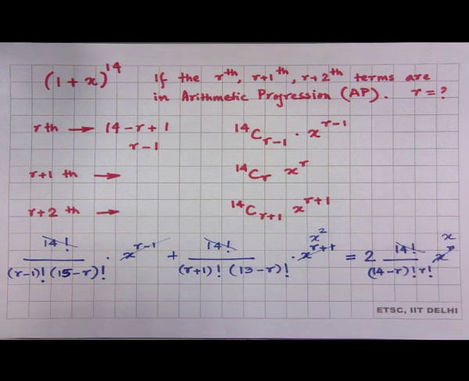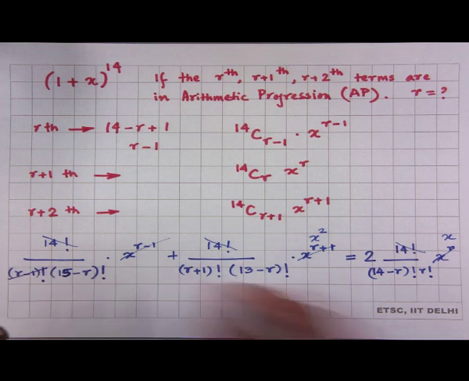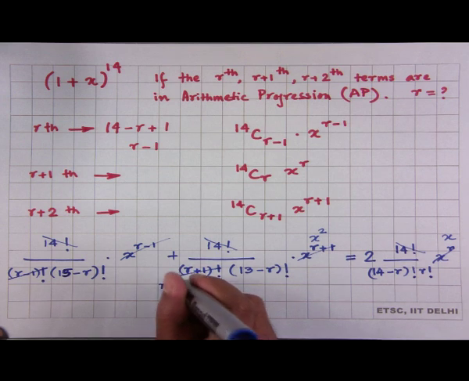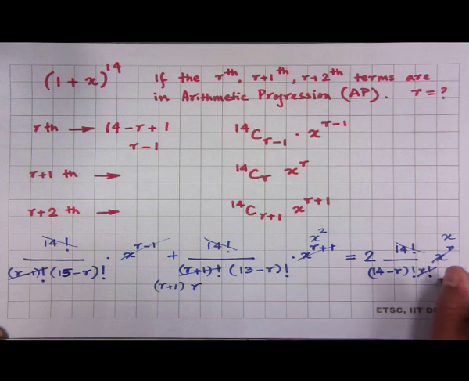Next, which is the least one, r minus 1, r plus 1 or r? The smallest is r minus 1. So, you can scratch out r minus 1 factorial all over the place, and here you will get r plus 1 times r, and here you will get r.